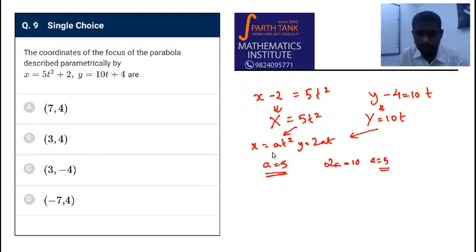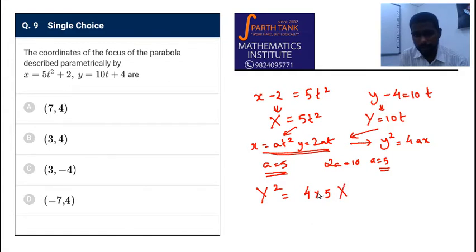So if your parabola is of this form, this is the parametric form of the parabola y squared is 4ax. Okay, so we are comparing it with that. So the parabola here for our case is y squared is 4ax, or 20x.